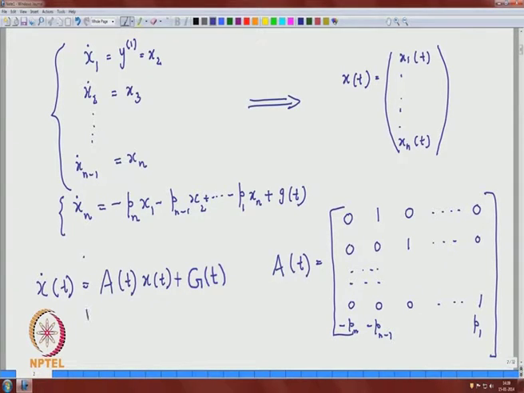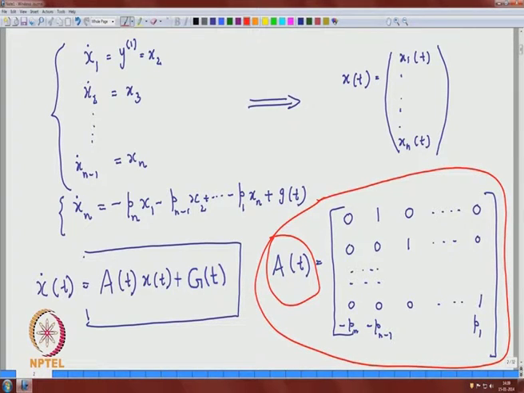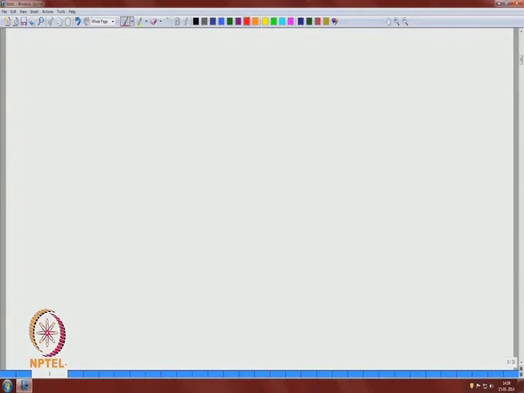So, that gives you a linear system of equations with A(t) in this special form. But this allows us to consider any general A(t); you do not have to consider it that way.